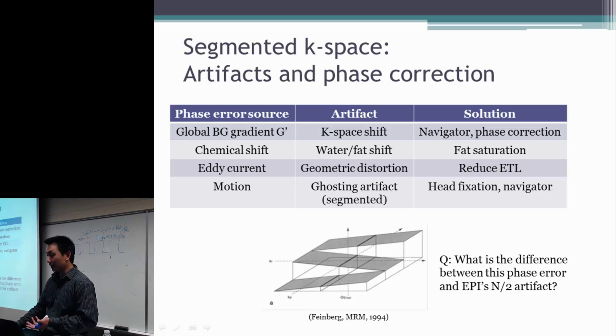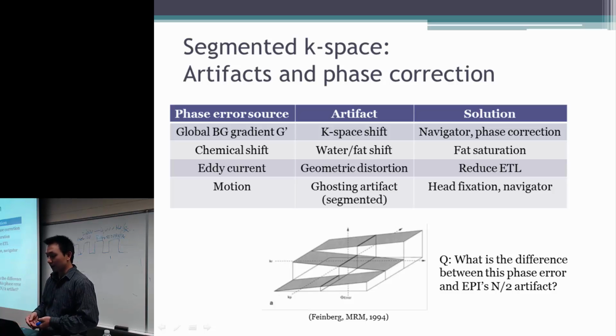And also the eddy current, because we use very high bandwidth, we use very fast switching readout gradients. So it can lead to an eddy current to create sort of geometric distortion, so that the image is distorted.